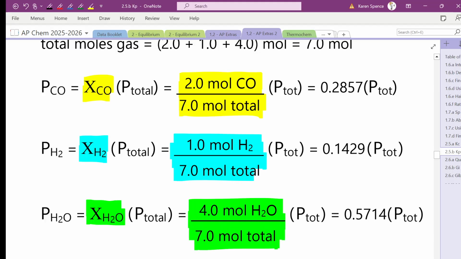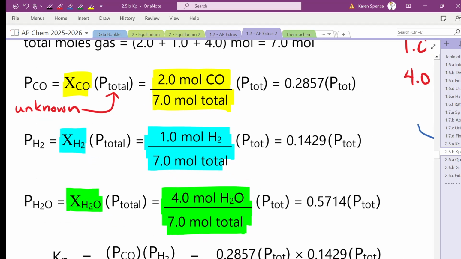And in each case, we are multiplying that mole fraction by the total pressure. But the total pressure, remember, that is our unknown. So we're just going to leave it as P total. And then we can take those values.